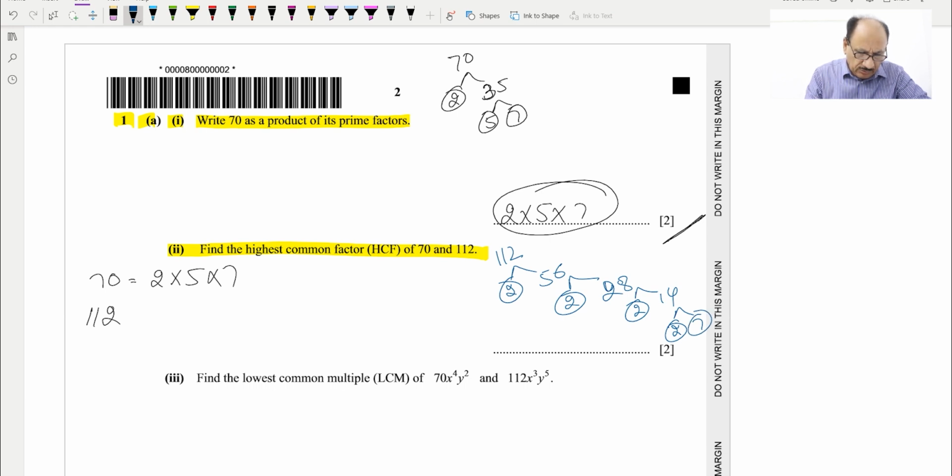So the prime factors of 112 will be 2 four times, that is 2 to the power 4, and into 7.